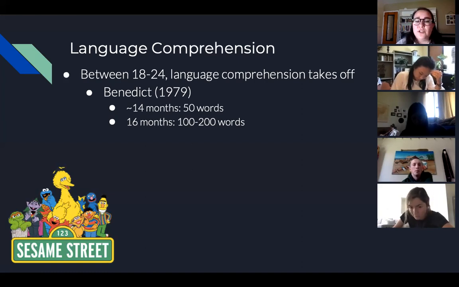But those who were only 2 months older, they were able to understand 100, some of them even up to 200 words. And so again, we have this explosion of comprehension abilities that seems to be developing at the same time as this really big increase in a child's vocabulary and speech production abilities.